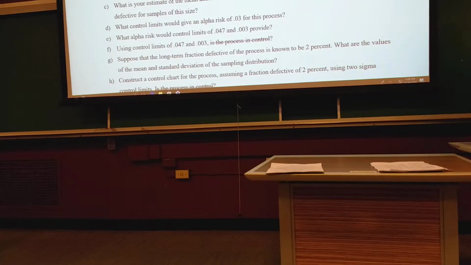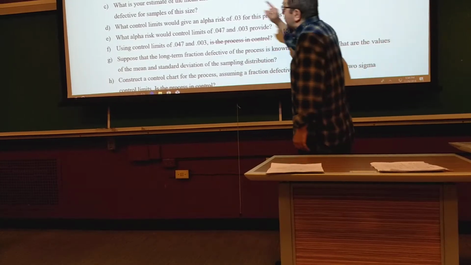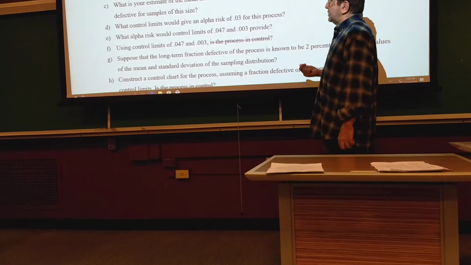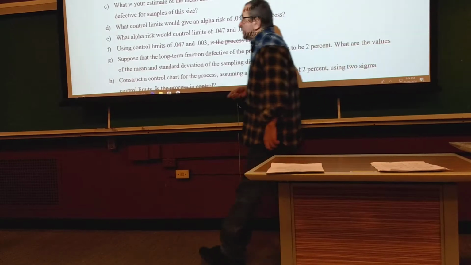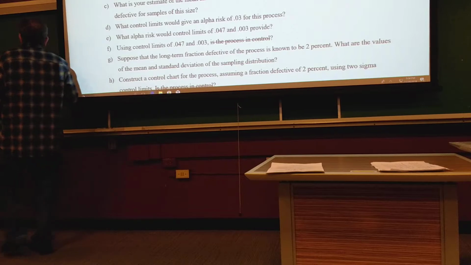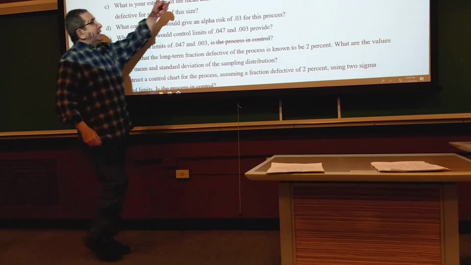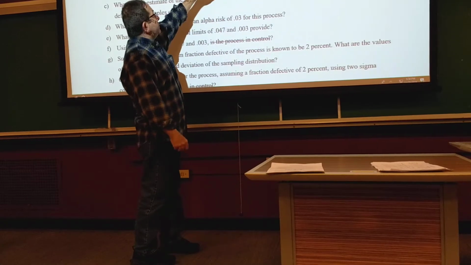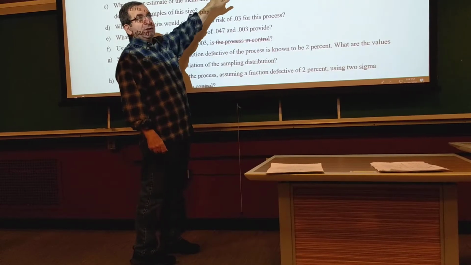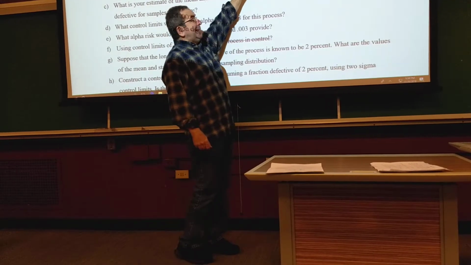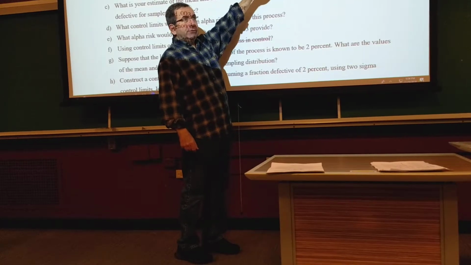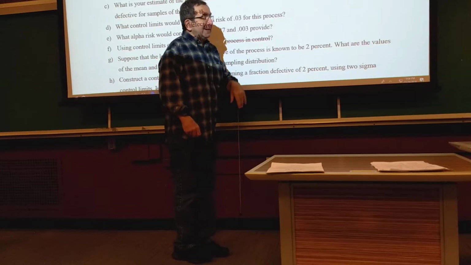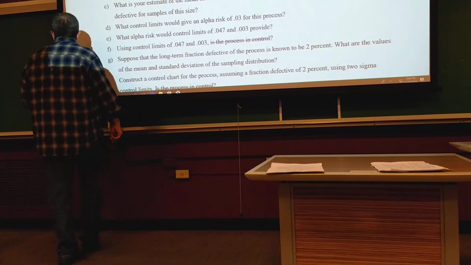So part A says determine the fraction defective in each sample. Okay? So we basically are going to divide each number by 200. So in the first sample, it's going to be 4 divided by 200, and then 2 divided by 200, 5 divided by 200, and 9 divided by 200.